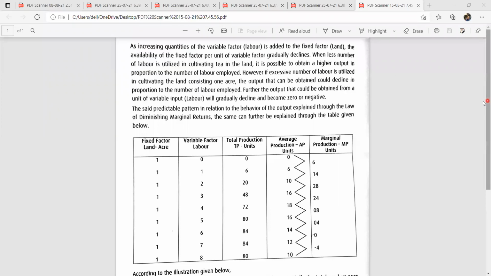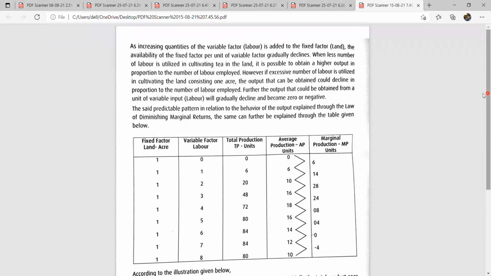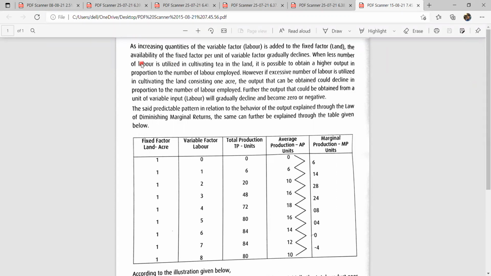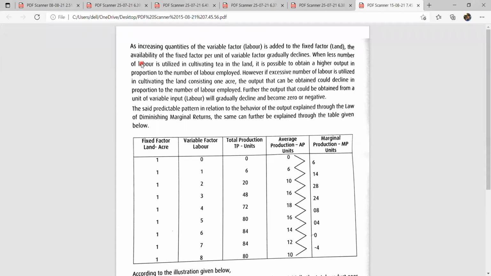on the table. We can use a particular table to illustrate the law of diminishing marginal returns. First of all, further explanation. As an increasing quantity of the variable factor, labor, is added to the fixed factor, here land, sometimes we can use capital, the availability of the fixed factor per unit of variable factor gradually declines.